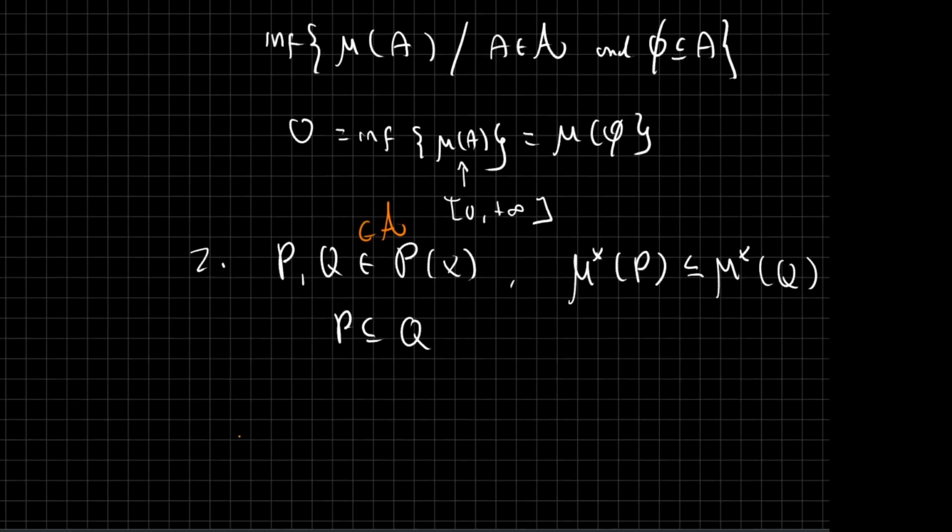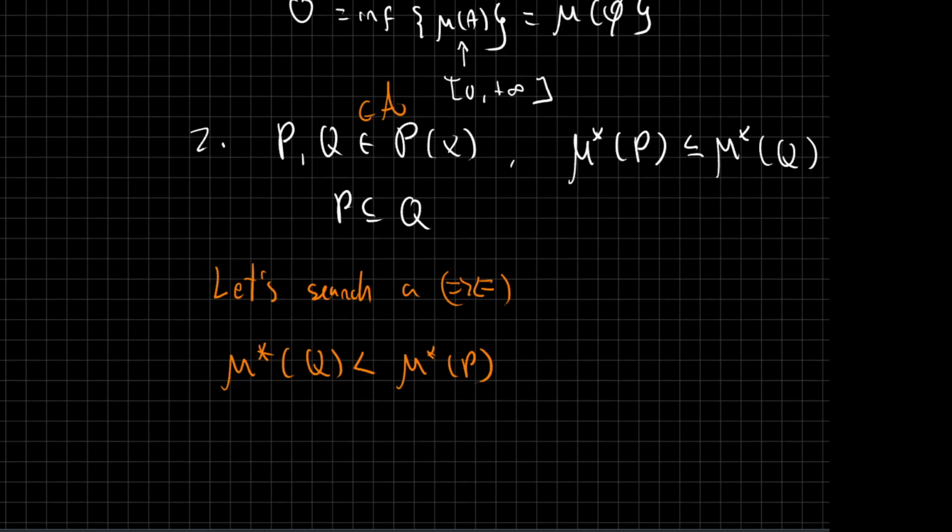So let's do this by contradiction. Let's search for a contradiction, and by that I mean that we need to suppose that this one is strictly less than the other one.